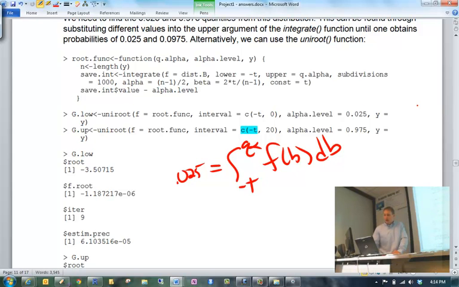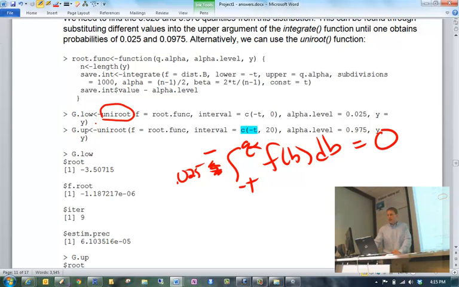I want to find Q of alpha. Or in other words, I want to find 0.025 minus the integral, set it equal to 0, find the root. There's a variety of root finding methods out there. If you've taken a numerical methods class as an undergraduate, you should be familiar with like a bisection method, or there's various other ones that are faster than that. And in R, a nice easy way to do this root finding method is use the uniroot function.